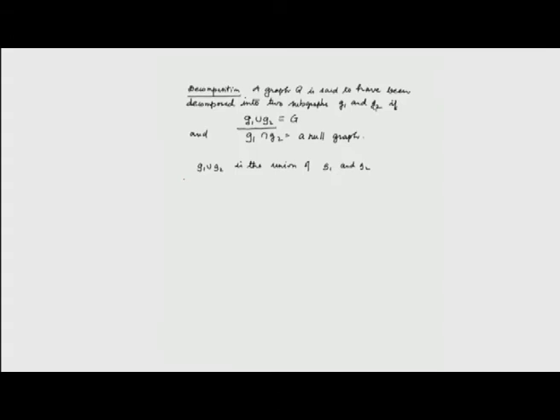That is what we denoted by G3 in the definition. So, V of G1 union G2 is V of G1 union V of G2, and E of G1 union G2 is equal to E of G1 union E of G2.